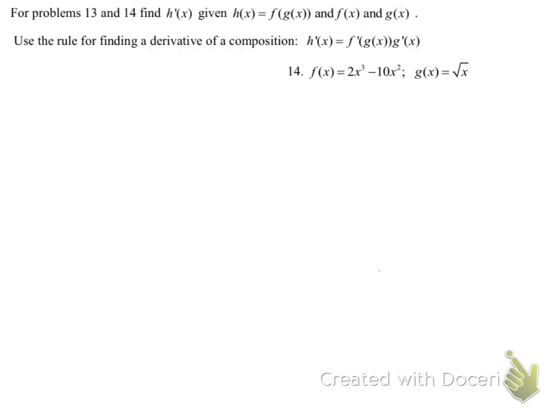Okay, looking at number 14, we're going to do a derivative of a composition again. And so the first thing I'm going to do is find my f prime of x. So f prime of x is going to equal 6x squared minus 20x.